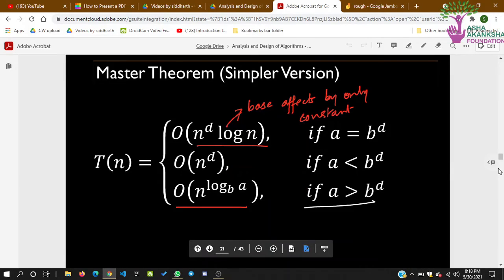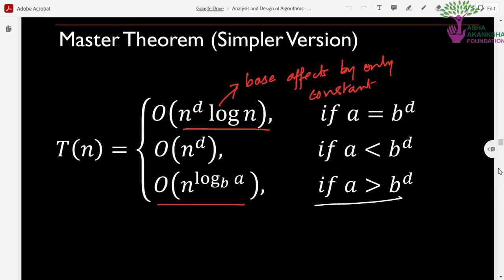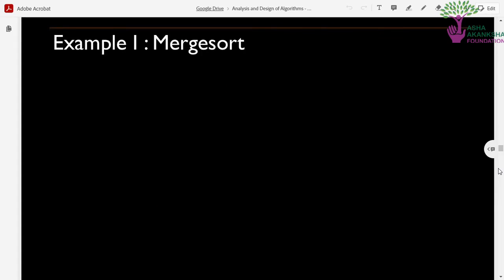Now this is the formula, and now I will be going to the deduction of this formula. How did we arrive at this formula? First of all, before the deduction, there are several examples of divide and conquer type algorithms whose time complexity can be calculated using the Master Theorem.